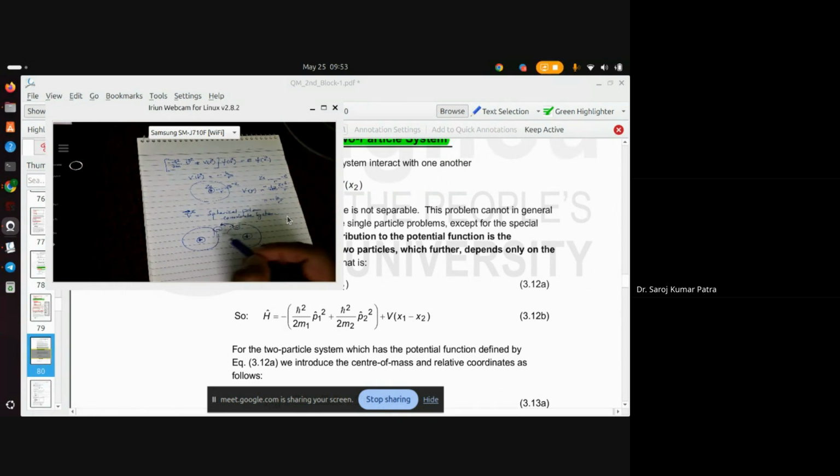These two electrons will start talking with each other. So then there will be another potential term between these two electrons. That potential would depend on the difference or the distance between this electron and this electron. So they are interacting. Okay?